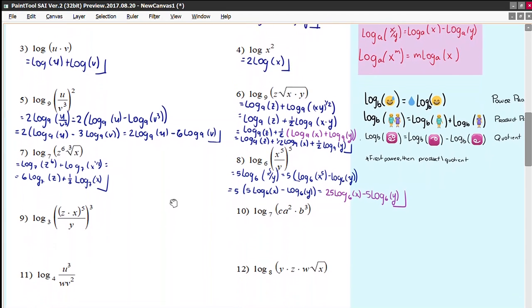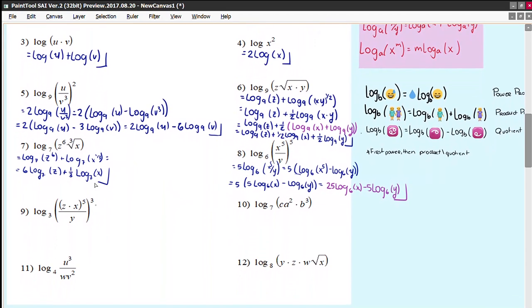Next bunch of exercises. In this exercise, we have a bunch of products. Notice you have the product of C times A times B. So this can be expanded as a sum of logarithms. So this can be written as the logarithm of C plus the logarithm of A squared plus the logarithm of B cubed.